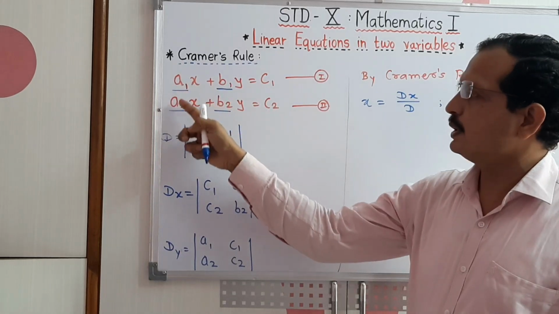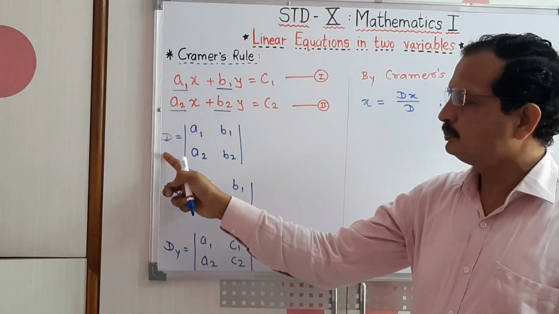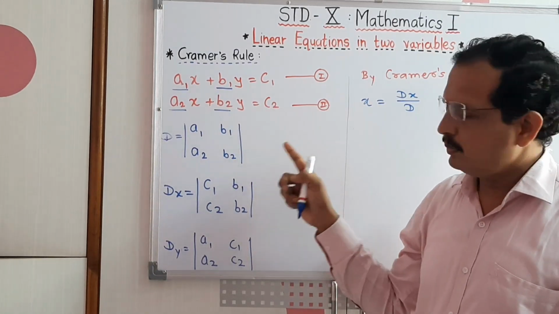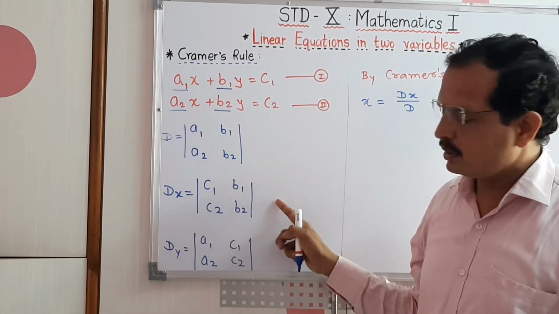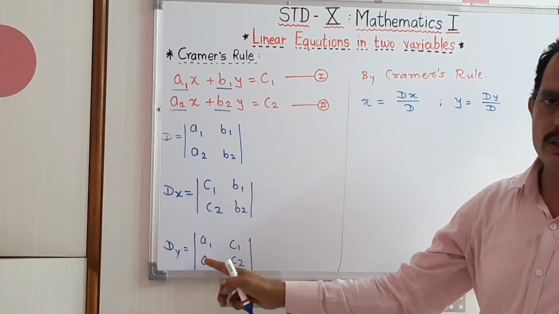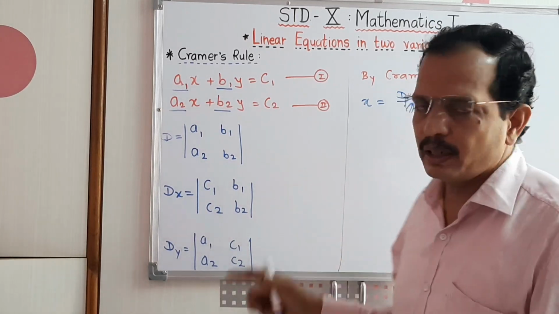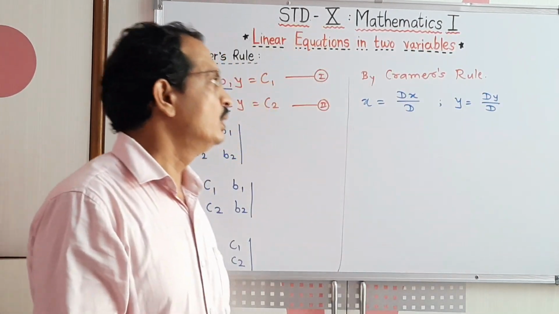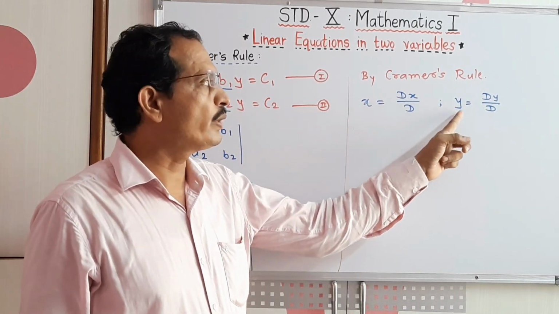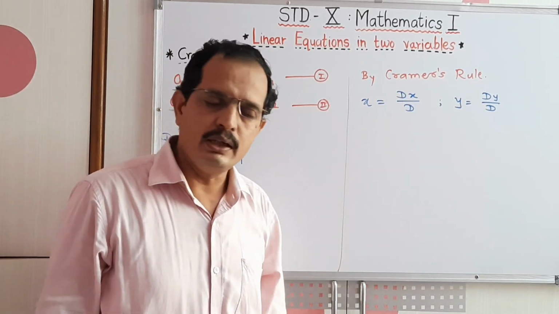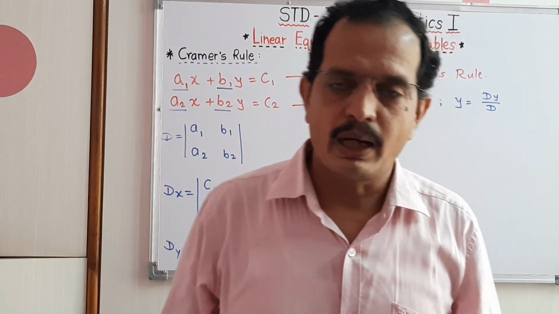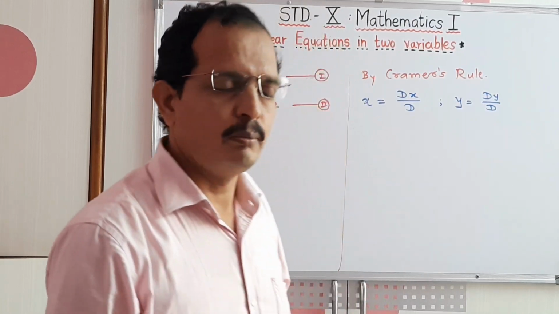Find out the values of a1 a2 b1 b2. Then write down the determinant D, find out the value of D. Write down the Dx determinant, find out the value of Dx. Then write down the determinant Dy, and after getting that we use the rule: the value of x is equal to Dx upon D and the value of y is equal to Dy upon D. Like this we have to solve simultaneous equations by Cramer's rule or determinant method.